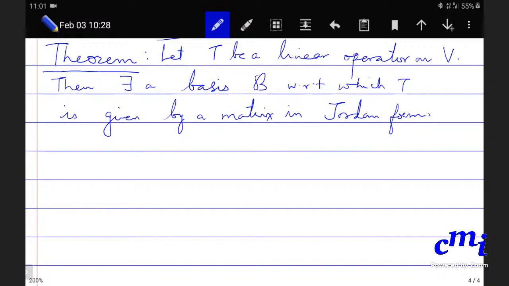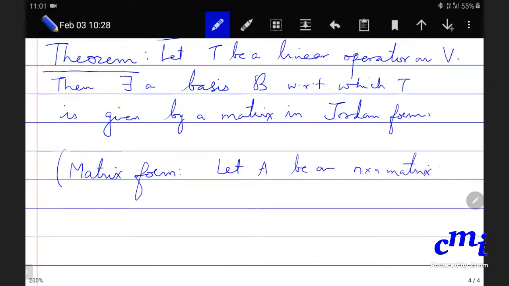In matrix form, it just says: let A be an n by n complex matrix.